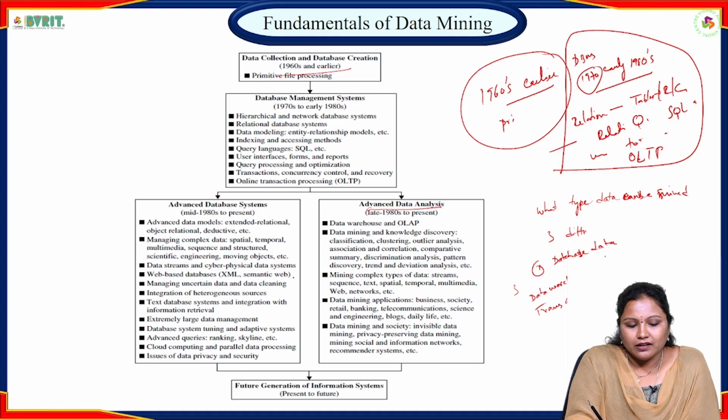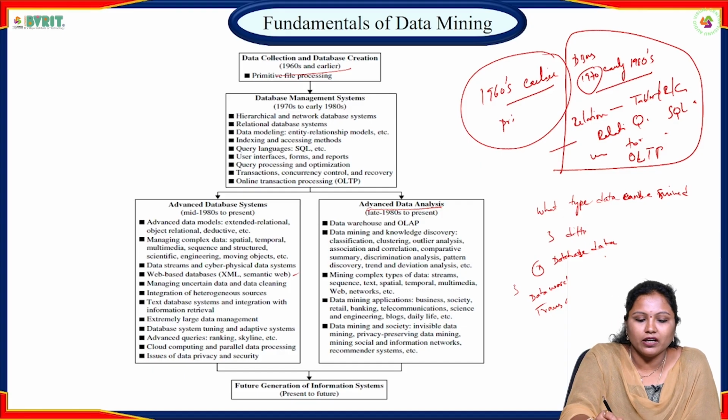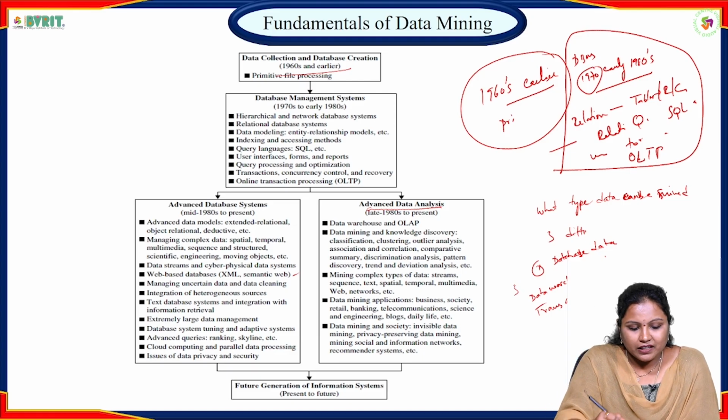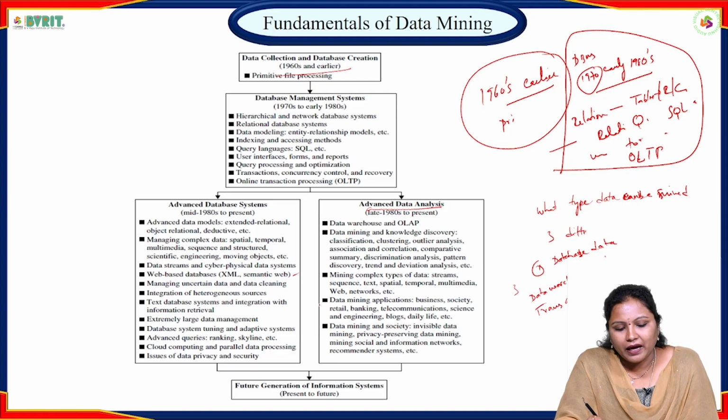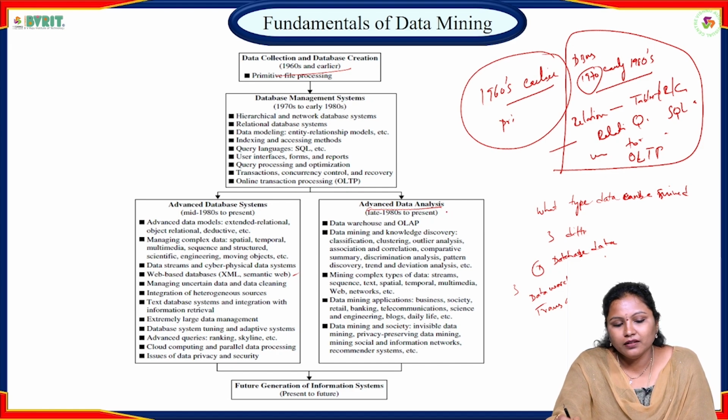We used web-based databases, XML, integrations, heterogeneous different sources, and text databases. All this came into existence from the mid 1980s to present. Presently, we are dealing with cloud computing, parallel data processing, and advanced issues, different issues in data privacy, security, all this. This advanced database is from mid 1980s to present, and this advanced data analysis is from late 1980s to present.